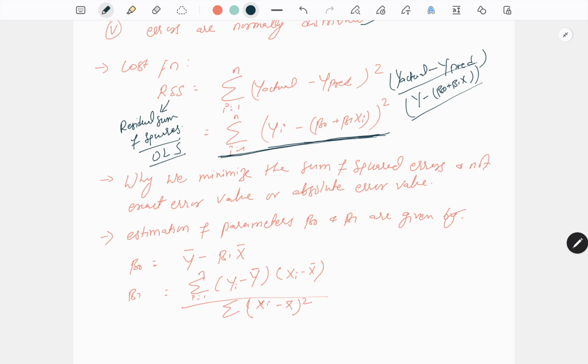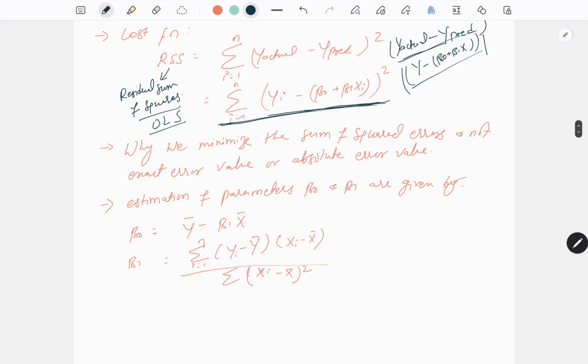In addition, related to the cost function, we also discussed why we don't minimize the exact value or the absolute value of this error. Instead, we minimize the sum of squares of the error.